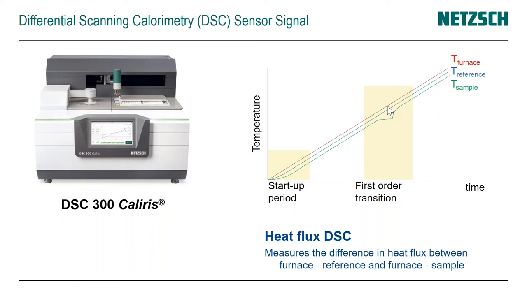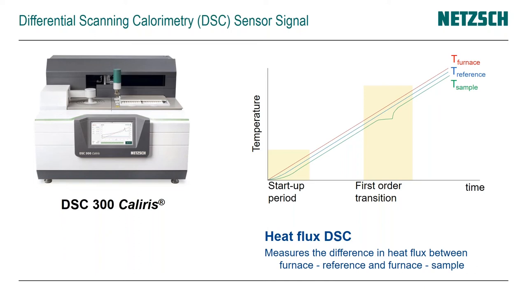But when I refer to the reference in this webinar, I'm talking about a reference material. So it wouldn't be an empty crucible. It would be a first measurement that you do on your LDPE without any other components in it.